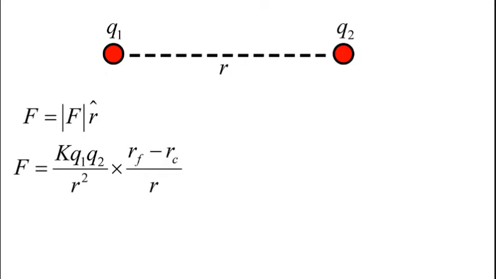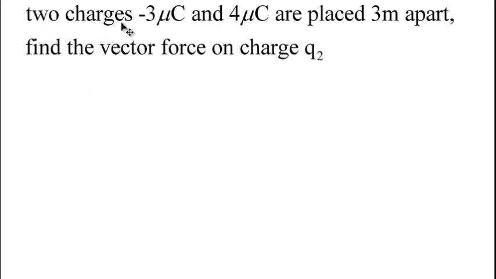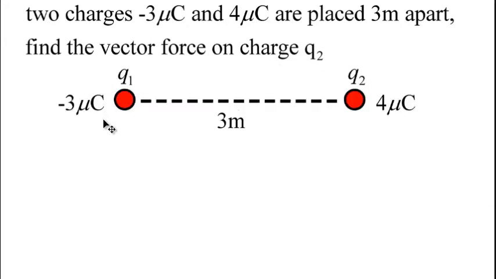Now, I believe you're going to understand better when we solve some questions on this. Question: two charges, minus 3 microcoulombs and 4 microcoulombs, are placed 3 meters apart. Find the vector force on Q2. This is the diagram. Q1 and Q2 are 3 meters apart.